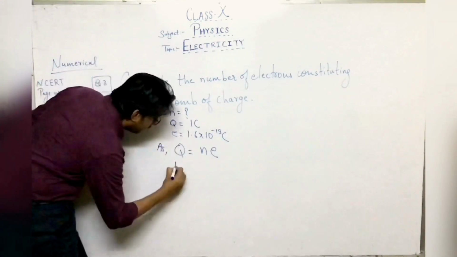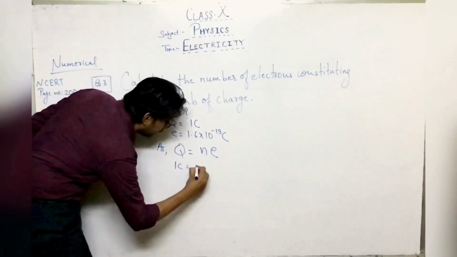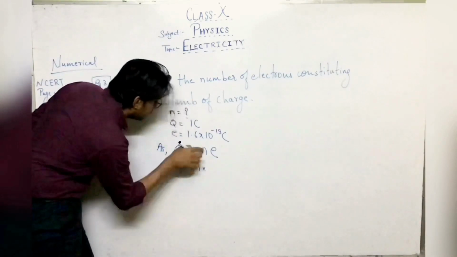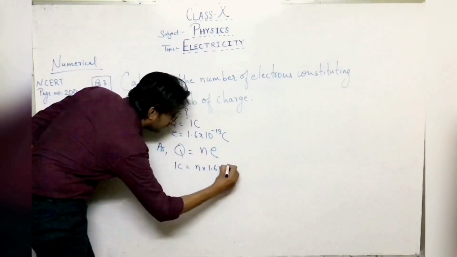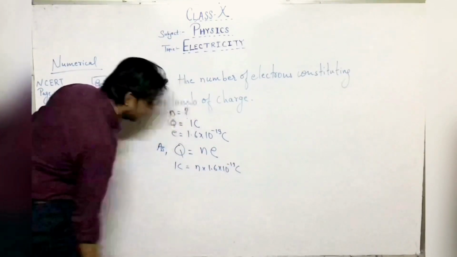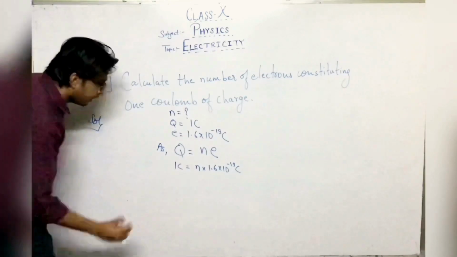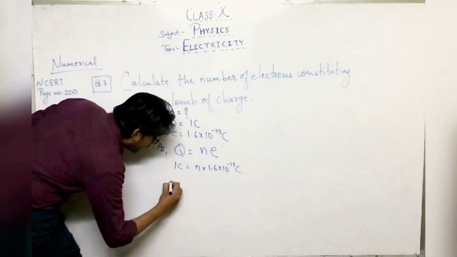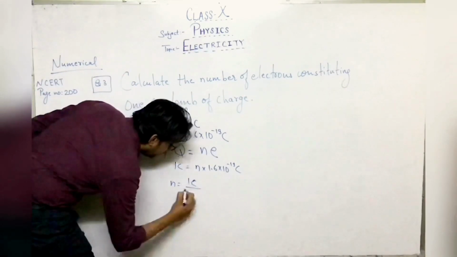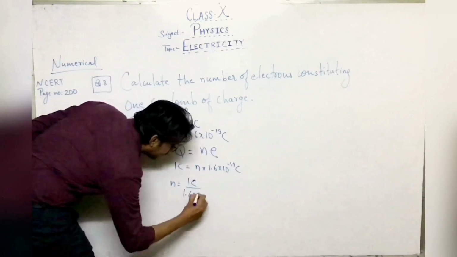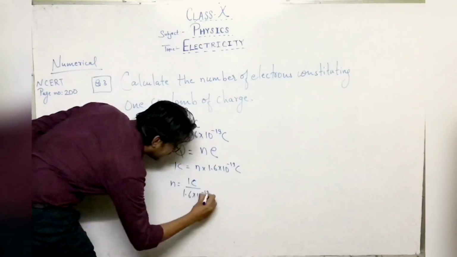Q is 1 coulomb, and e is 1.6 into 10 to the power minus 19 coulomb. Now, n will be equal to 1 coulomb upon 1.6 into 10 to the power minus 19 coulomb.